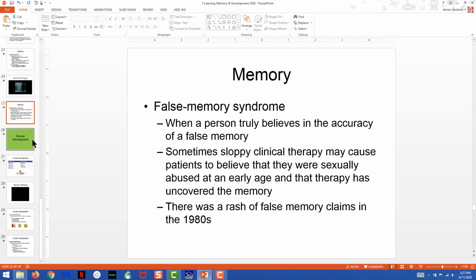Now, when this kind of process occurs in a much grander sense, especially because of the input of a therapist or because somebody is giving you false information and you come to believe an event that never actually happened, that's generally when the term false memory syndrome is identified.